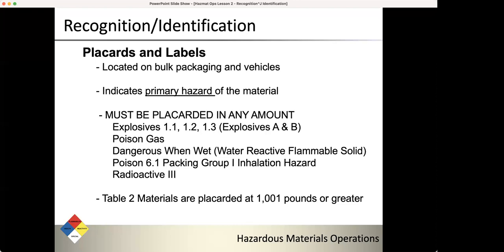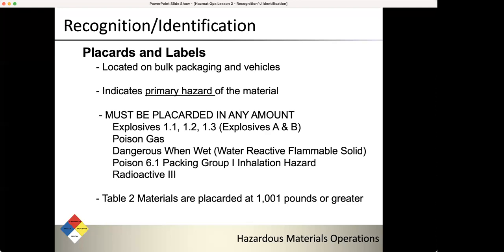There are several tables that tell you at what point, or how much quantity you're transporting, requires placarding. There's a table called Table 2, the DOT standard.